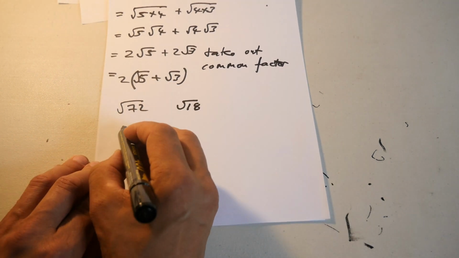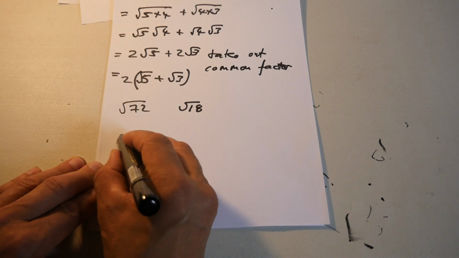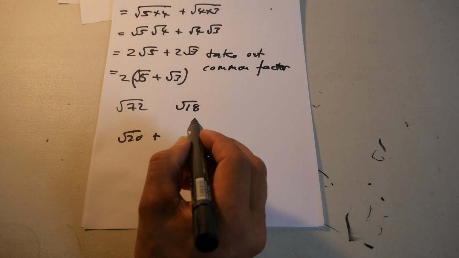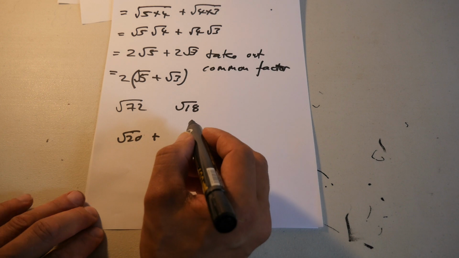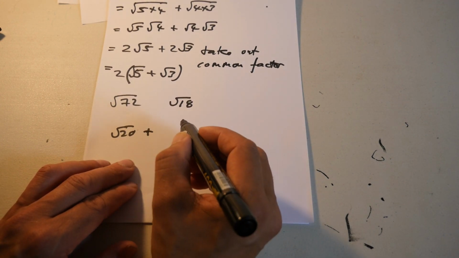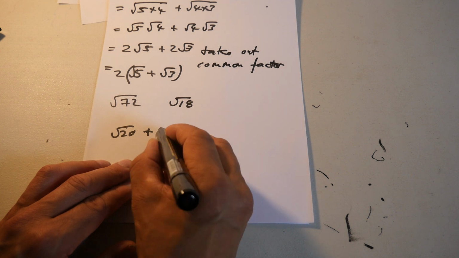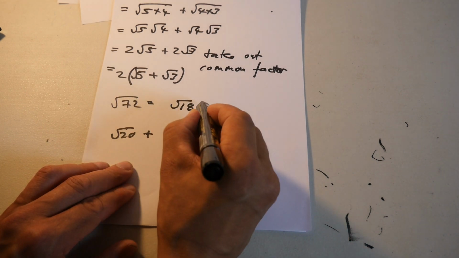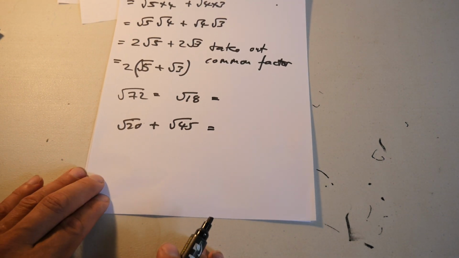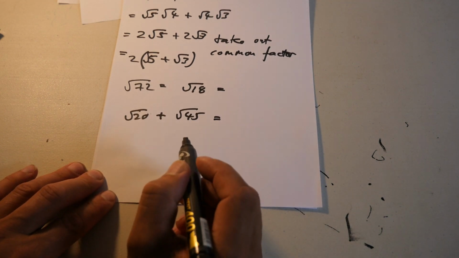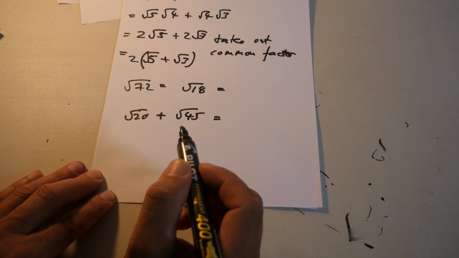And the square root of 20 plus the square root of 45. What does that equal? Okay, all right, pause, and then I'll give you the answers.